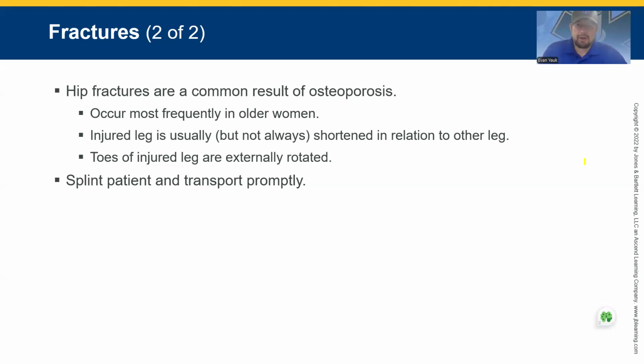So if we go on a possible broken hip, a fall with hip pain, what we want to do is look and make sure those legs are the same length, and if it's shorter, it will also be rotated. So shortening and rotation of the leg is a telltale sign of a broken hip. Splint patient, transport properly.